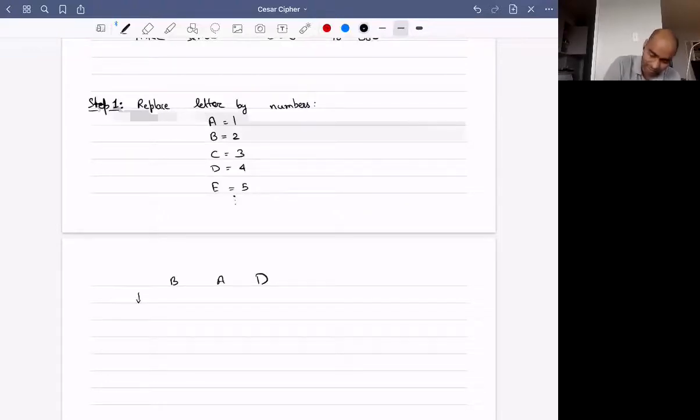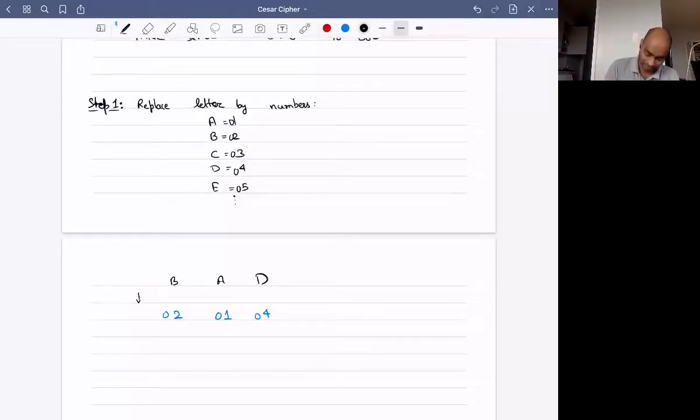So B gets converted to 2, A gets converted to 1, and D gets converted to 4. If you want to be clear about where your numbers start, maybe let's make them all 2 digits. So it's 01, 02, 03, 04, 05, all the way up to 08, 09. And then we get 10, 11, 12, up to 26. So this will then be 02, 01, 04. So that's the message in numbers now. Every two digits correspond to 1 letter.